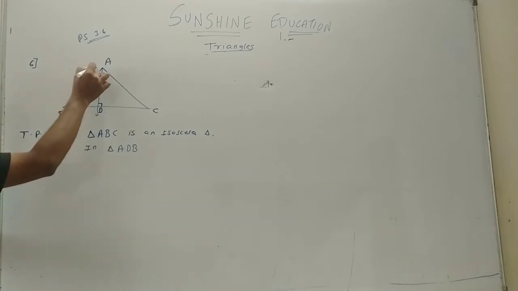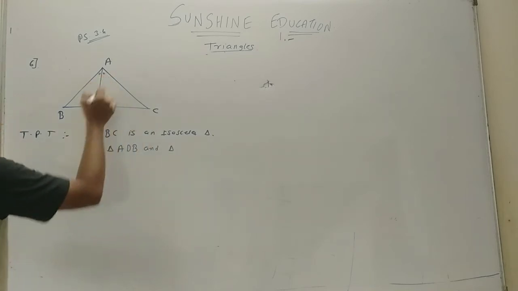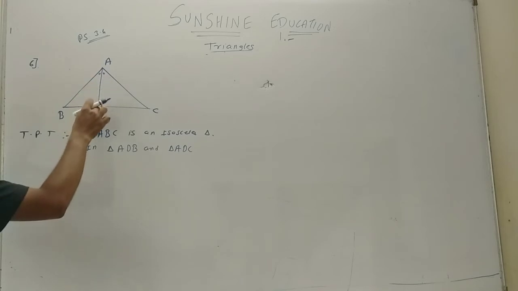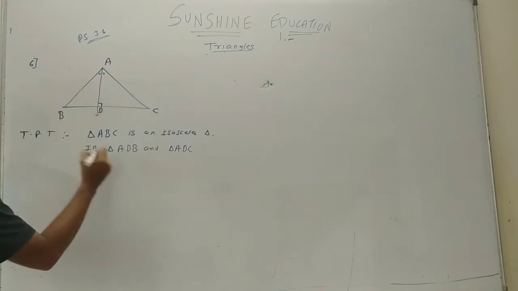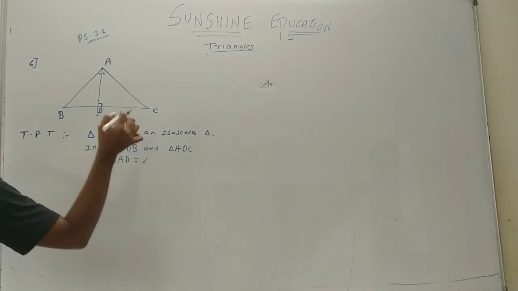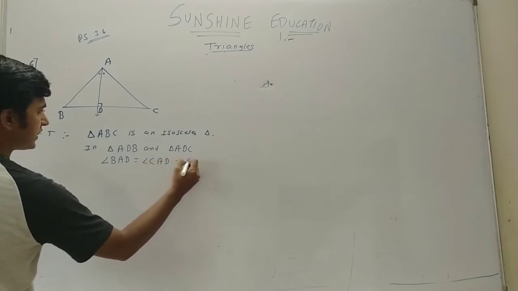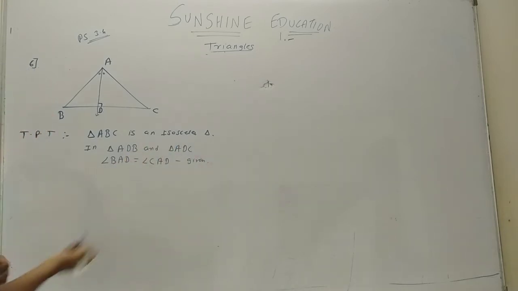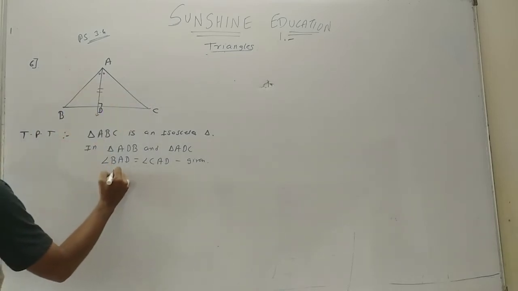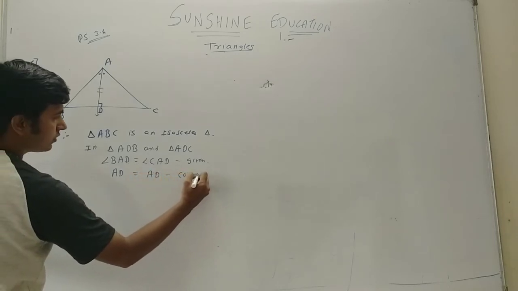So in triangle ADB and triangle ADC, I know this is the bisector, so can I say that angle BAD is equal to angle CAD? This is given, so I am writing given over here. AD is there in this triangle, AD is there in that triangle, so I can say that AD is equal to AD, common side.